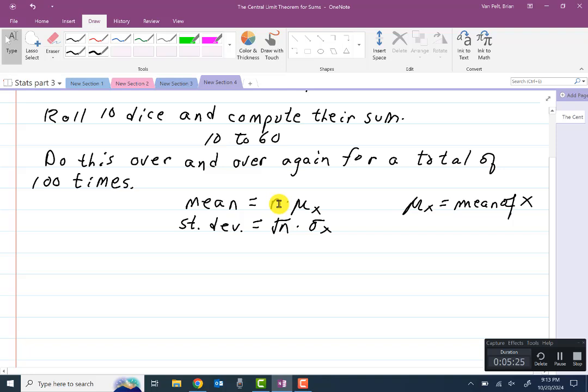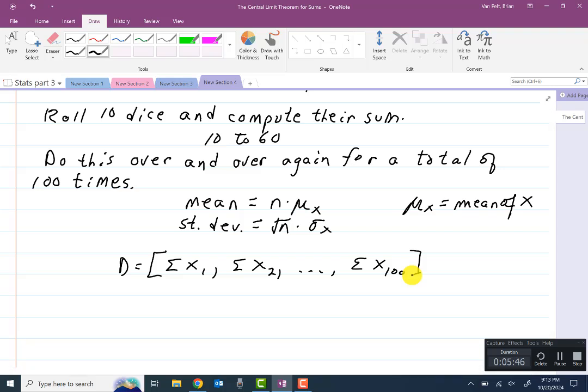If I did this 100 times, I might have a data set that would look something like this. Each of those entries would be some value from 10 to 60, depending on the sum that came up. So these sums are what we're going to be doing the theory on here.